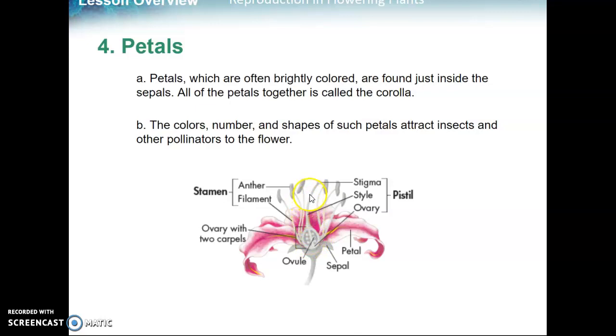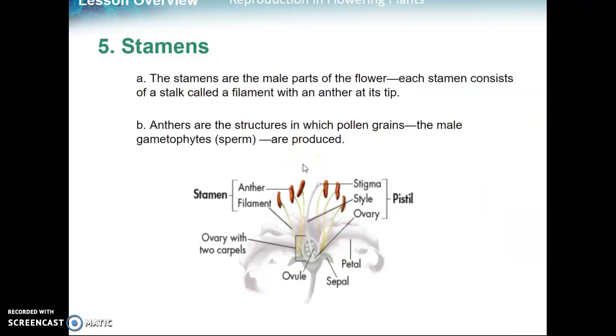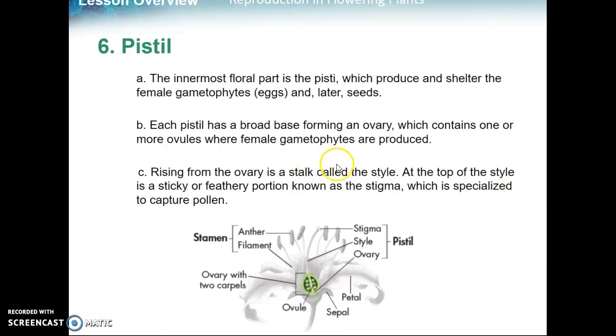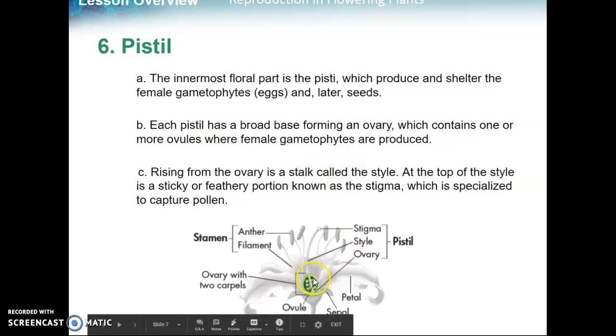This particular flower only has one, but many flowers have more than one, and that centermost piece or pieces is the pistil, the female part. At the base, the pistil has this broad piece called the ovary, and inside of those ovaries are the eggs.